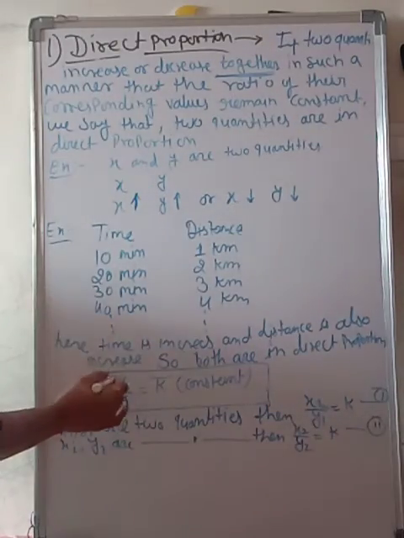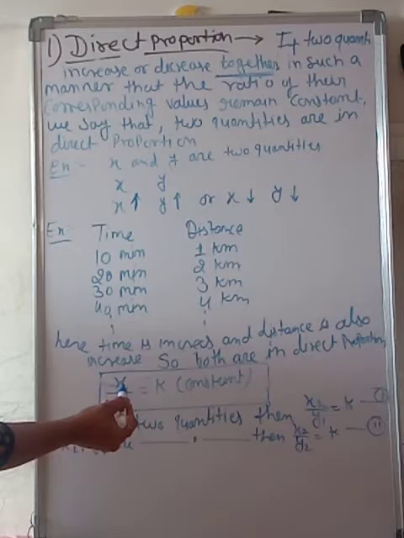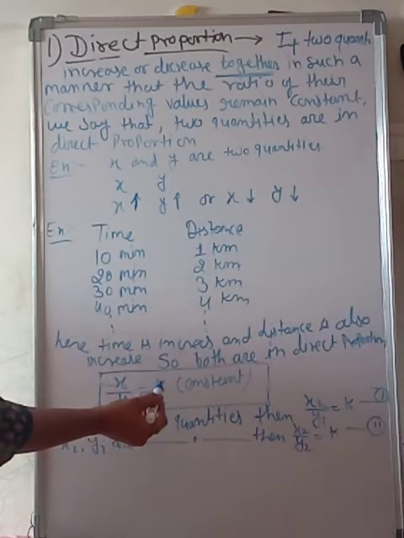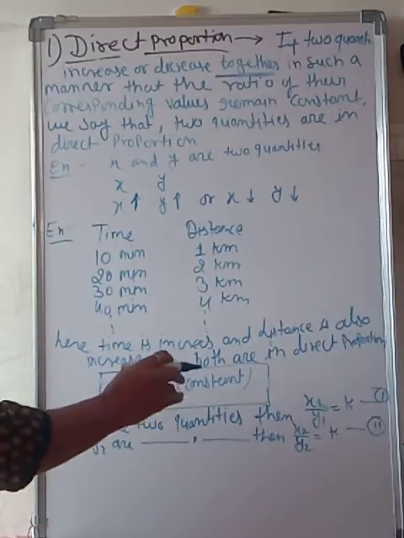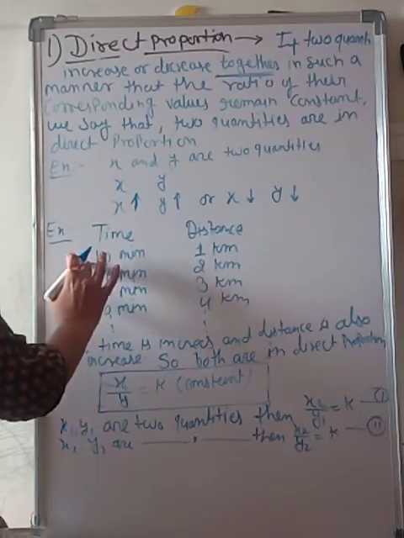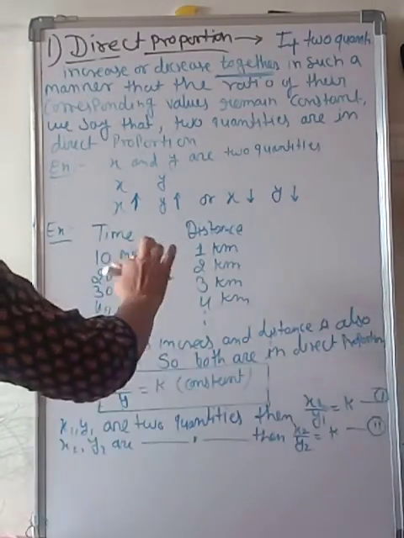The formula of direct proportion is x upon y equal to k, where k is a constant. Constant means, suppose here the time is 10.